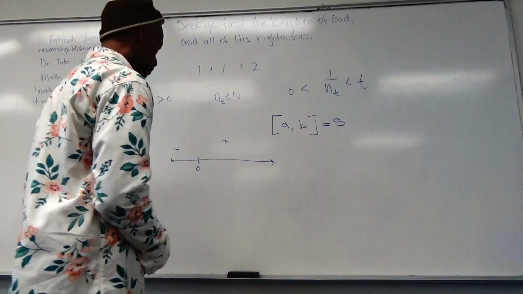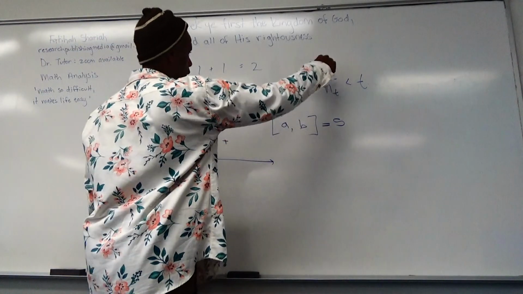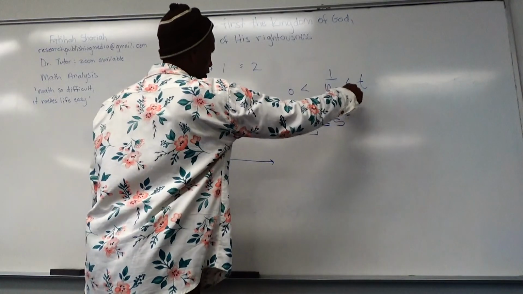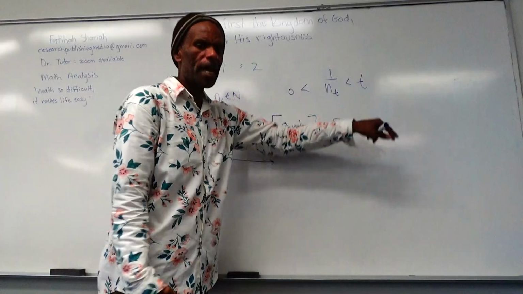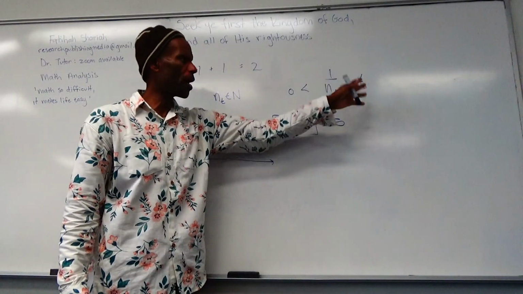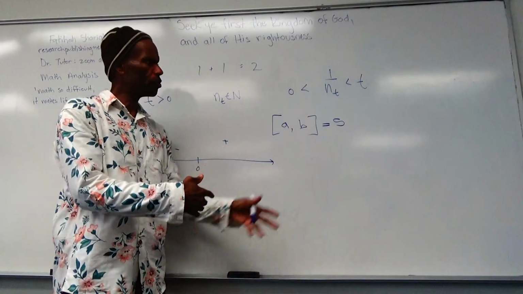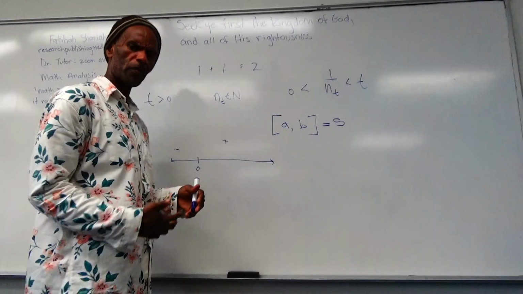Okay. But if you look at this statement right here, 0 is less than 1 over NT less than T. 1 over NT less than T, they have a relationship. Now, it's not necessarily an ordered pair relationship, but then when you use the less than symbol, it becomes an ordered pair relationship.